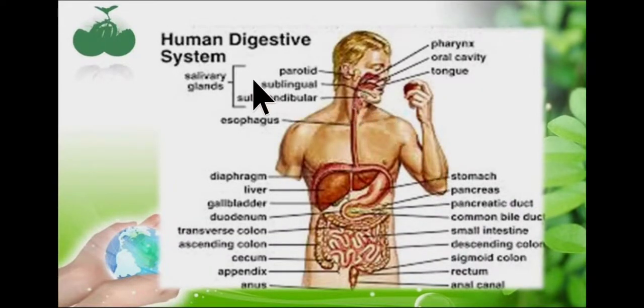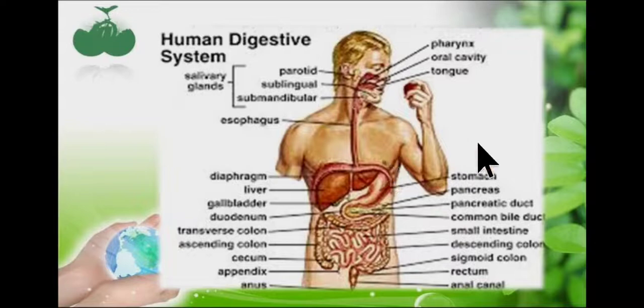Now here is the diagram showing the human digestive system. As you must know, we have three pairs of salivary glands. This part is the mouth, and then there is a tube-like structure known as the esophagus that connects the mouth to your stomach, and then after the stomach comes the intestine, then rectum, and then anus.